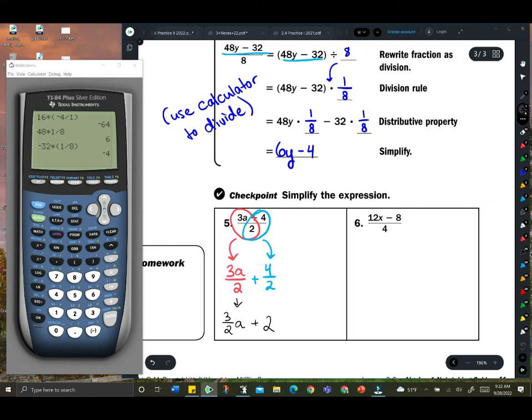Okay? If you want to try out this last one, 12x minus 8 over 4. Well, 12x divided by 4 is really 3x. Don't forget about the other half. Negative 8 divided by 4 is really minus 2. So that is the idea with those.